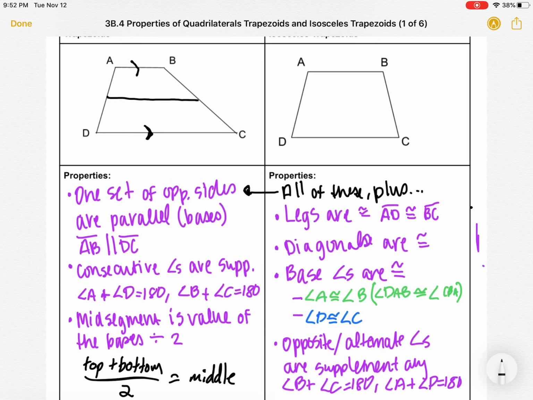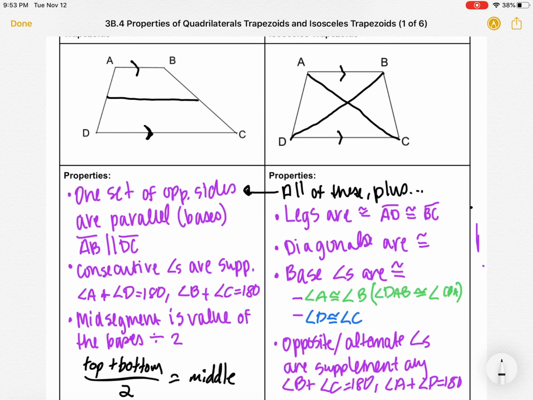Okay, isosceles trapezoid. So same as the other one. Top is parallel to the bottom. Diagonals are congruent, so that would be these two.